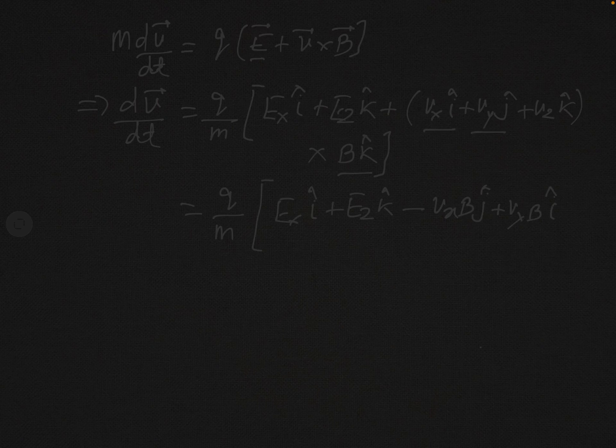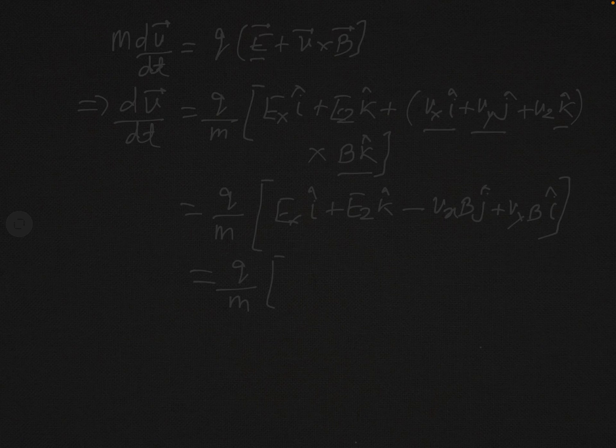And you know k cross k is 0, so the last term will be 0. Now let us arrange the terms inside this square bracket, writing the terms for i, j and k.